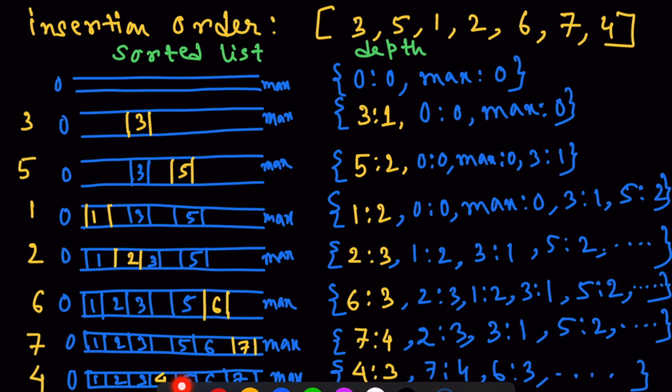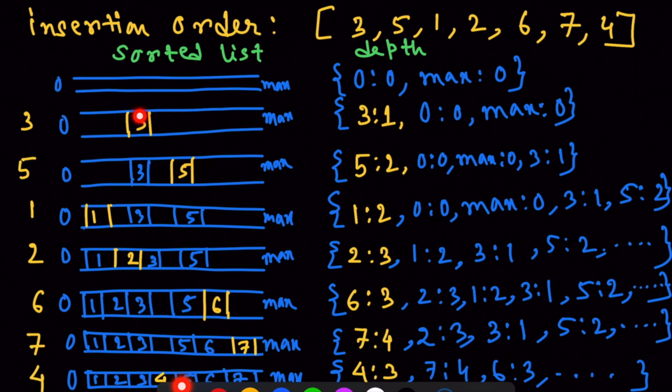So to keep track of the depths we need a hash map or dictionary. I have one dictionary here that will keep track of the depths of each node. So in this sorted list, I'll first insert 3. Before inserting, I am just adding 2 extra nodes, that is 0 and max, because in this problem we have nodes from 1 to n, right?